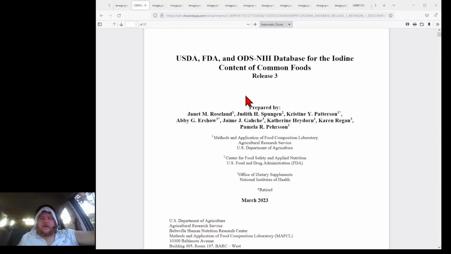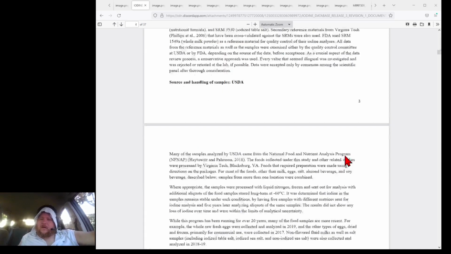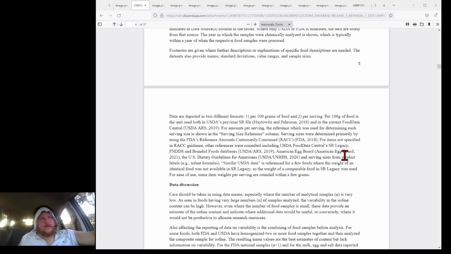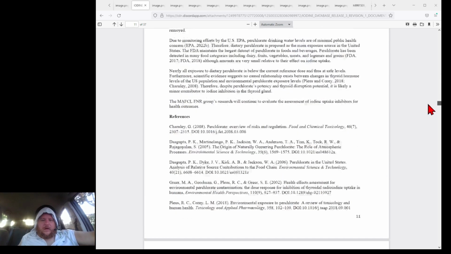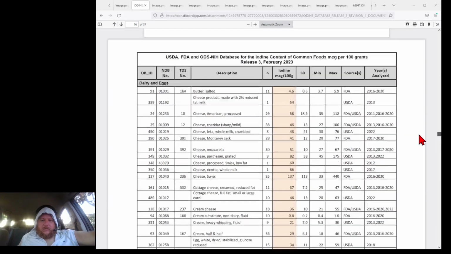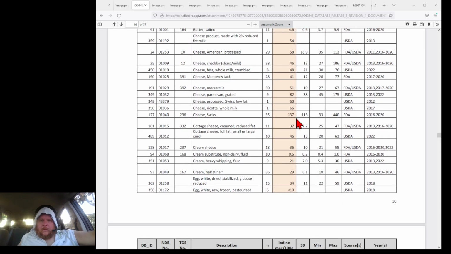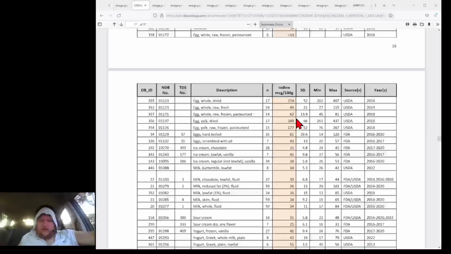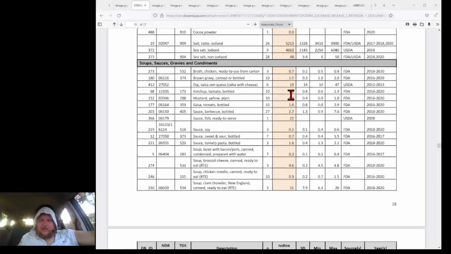Let's see. Here is the iodine database. I think I showed the fluoride list of ingredients, or the fluoride-containing products. Here's something similar for iodine. The big hitters, you can see, they stand out. They're in the thousands.